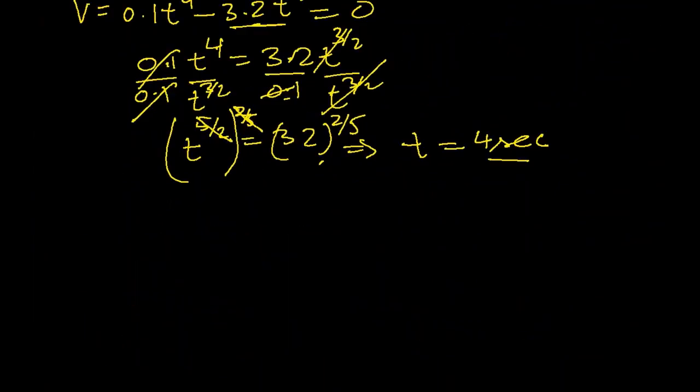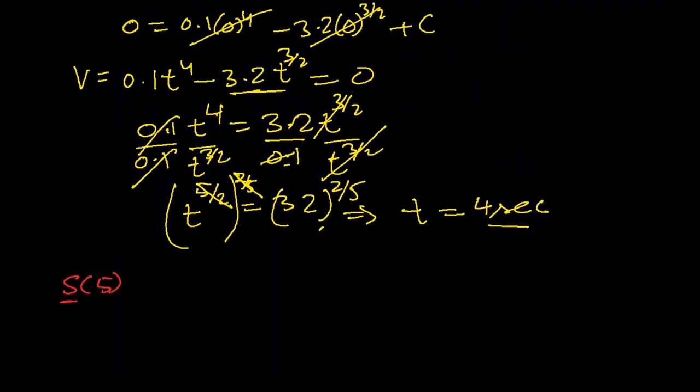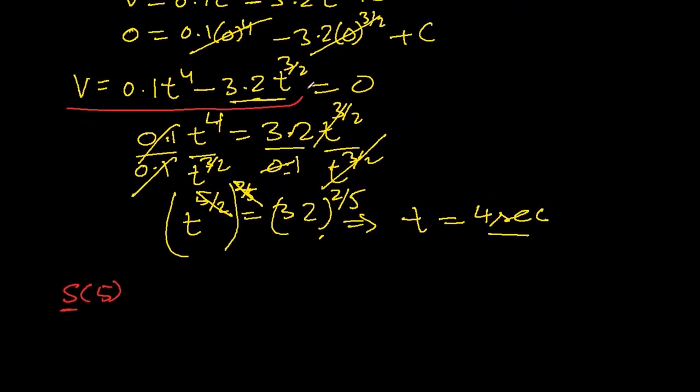Let's move to the second part of the same question. Find the displacement of the particle from O at t equal to 5. So basically we have to find S at 5. S is displacement, and to find displacement we have to integrate the equation of velocity again. This was the velocity equation and we have to integrate this again.